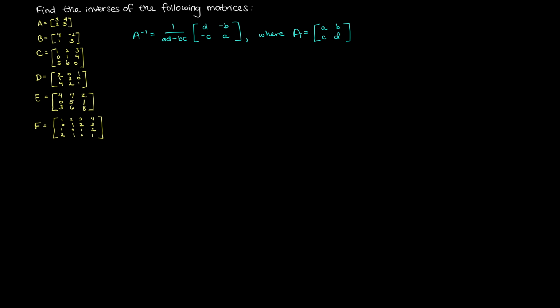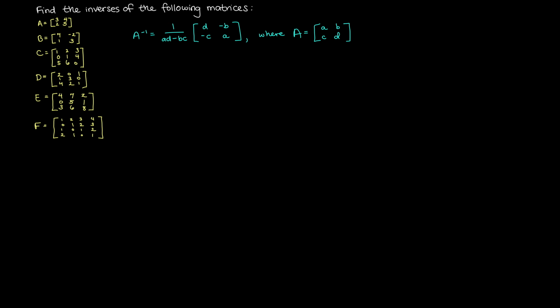If we have some matrix defined by A, B, C, and D elements within the matrix, the inverse of a 2 by 2 matrix is going to be this formula.